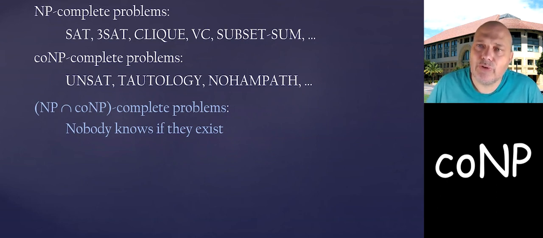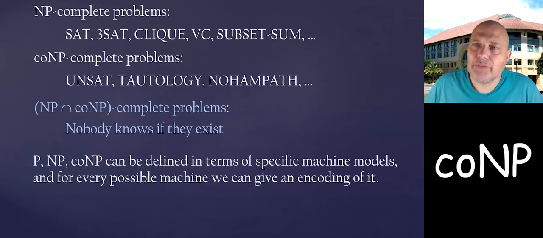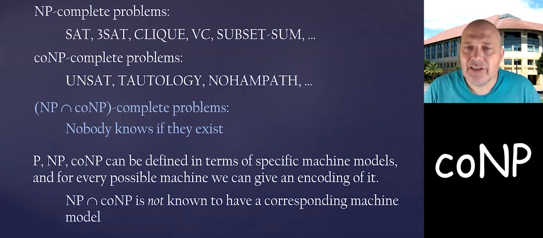The reason that we don't know an NP-complete problem is that P, NP, and co-NP are defined in terms of a specific machine model: deterministic machine, non-deterministic machine, co-non-deterministic machines, and we somehow create at least the first complete problem by encoding these machines. NP intersect co-NP is not known to have a corresponding machine model.